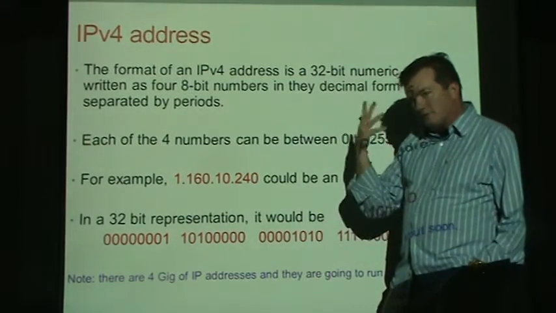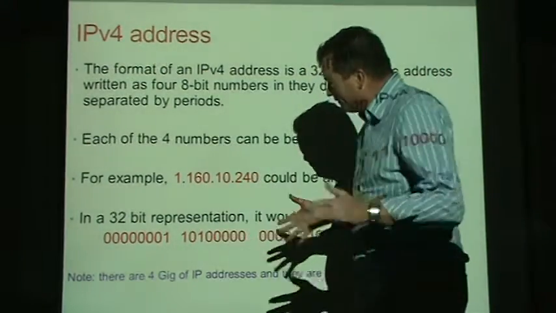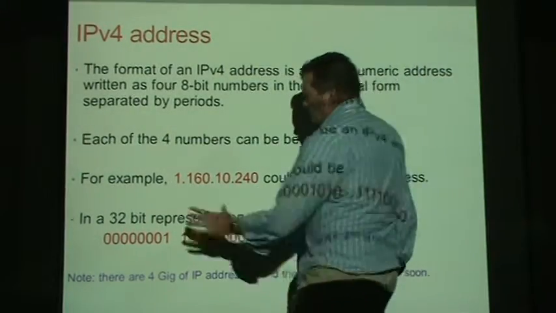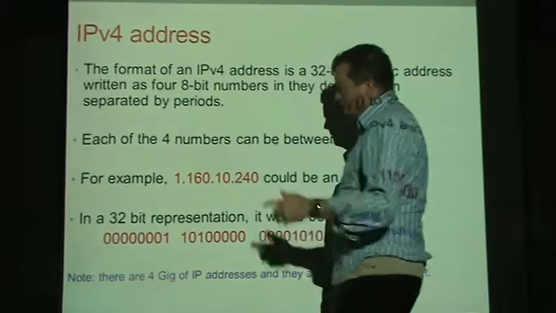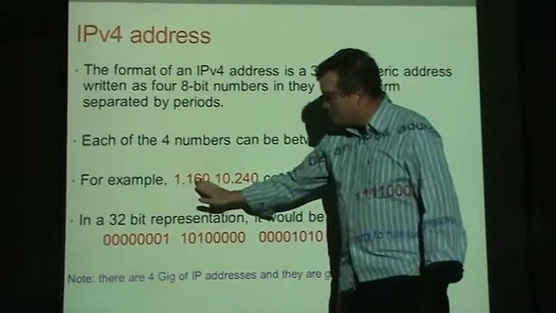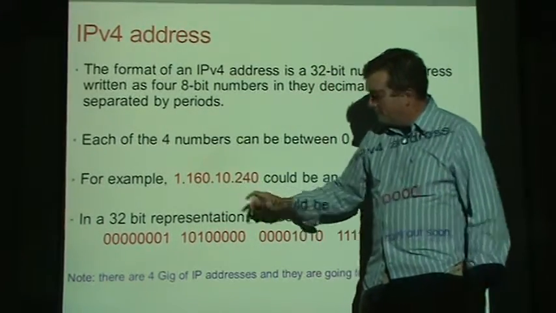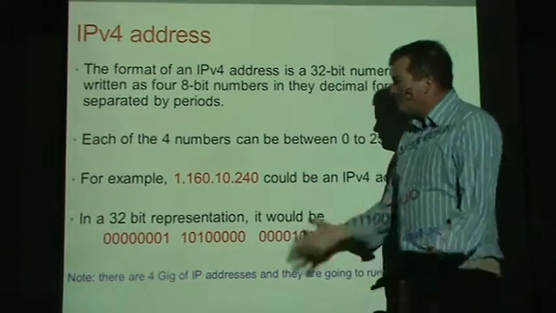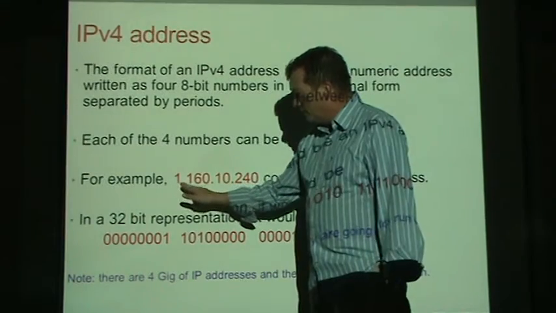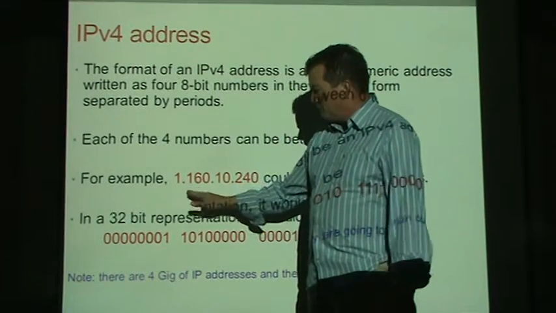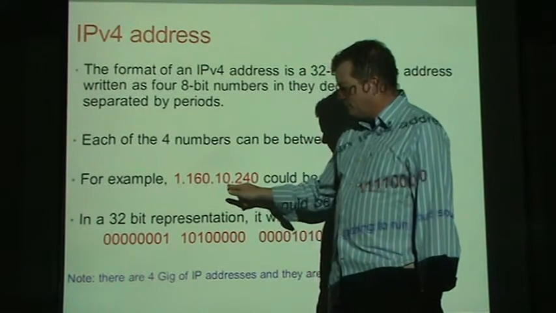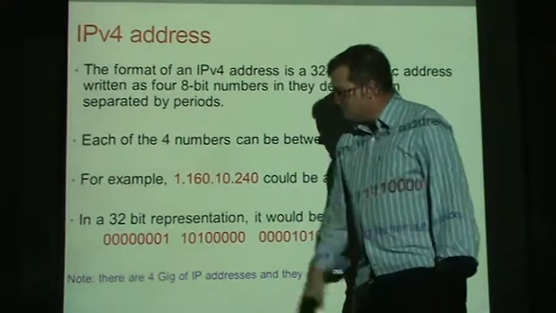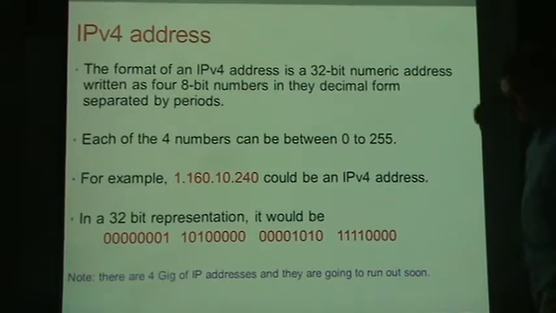And then because we're human beings with 10 fingers, we use decimal as our number system, so we'll write out the 4 numbers as decimal numbers divided by a period. Each of those numbers can be anywhere from 0 to 255. So here's an example of an IP address: 1 dot 160 dot 10 dot 240. All of these numbers are between 0 and 255.